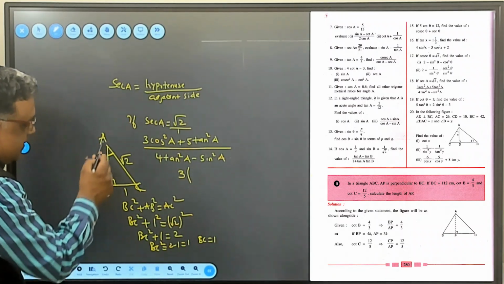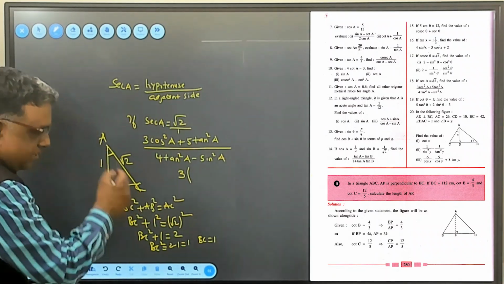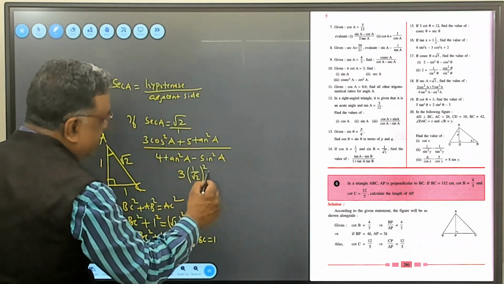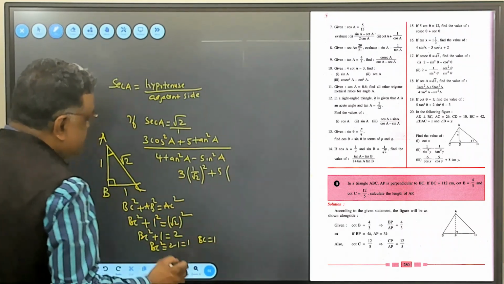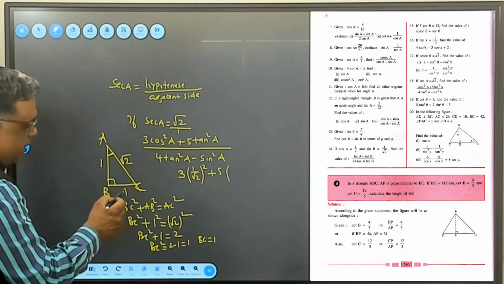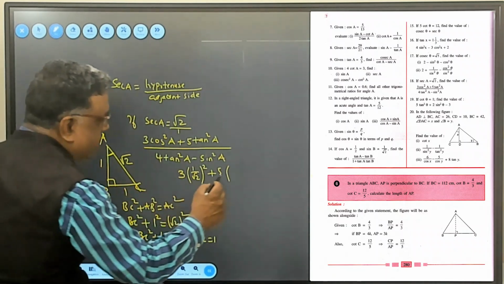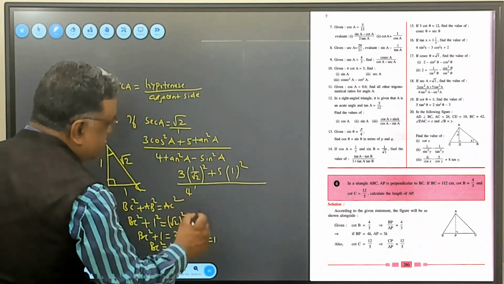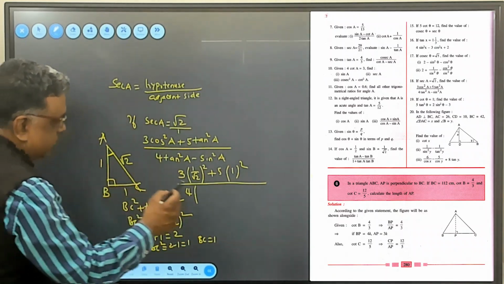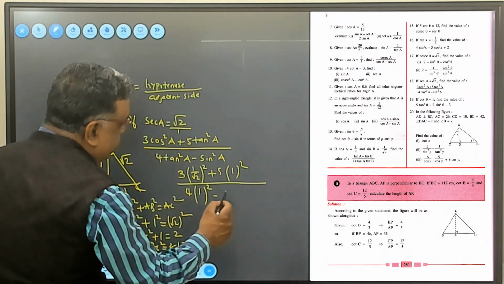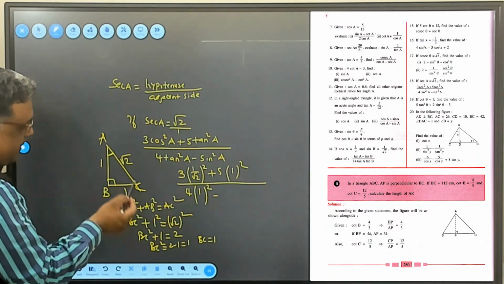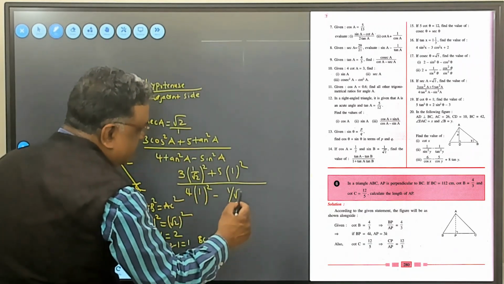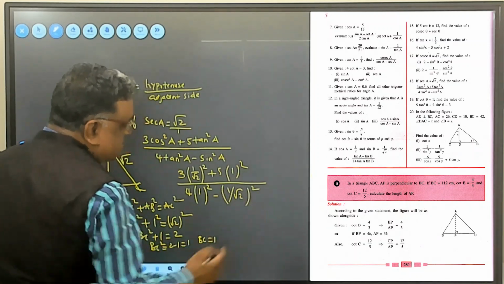Adjacent side, which is AB, upon hypotenuse, which is 1 upon root 2, squared, plus 5 tan square A. Tan A is opposite upon adjacent, 1 upon 1, that is 1 square, upon 4 tan square A, which is again 1 upon 1 square, which is 1, minus sin square A. What is sin A? Opposite upon hypotenuse, so 1 upon root 2 squared.